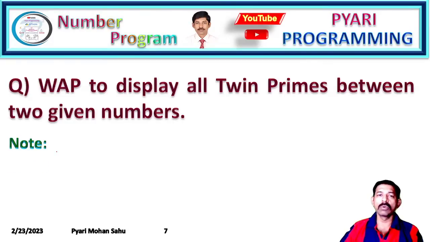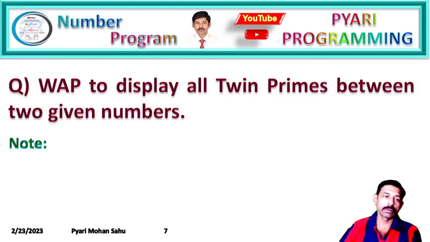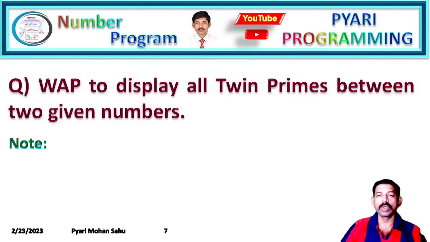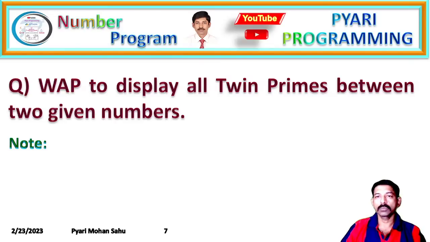Write a program to display all twin primes between two given numbers. Now who can say what is called twin prime? What is twin prime? पहले आपको बोलना है what is twin prime.